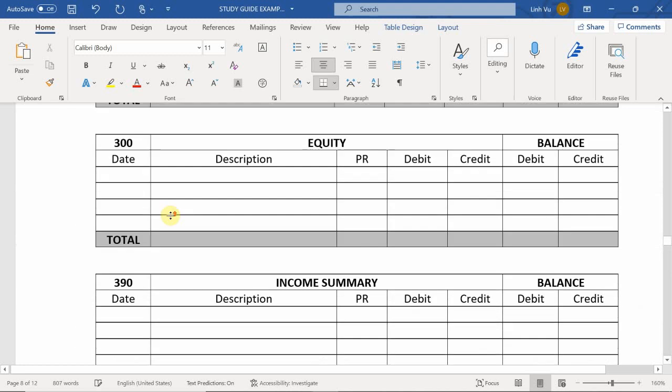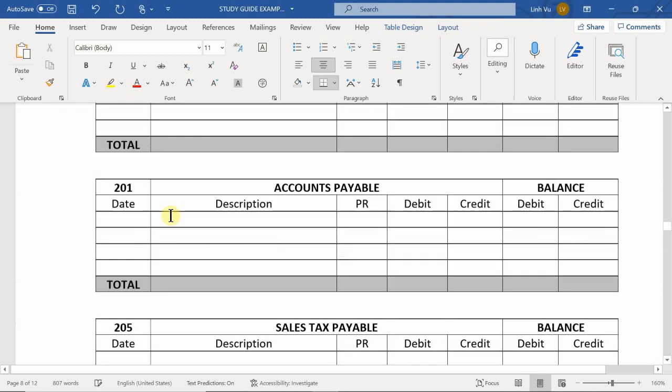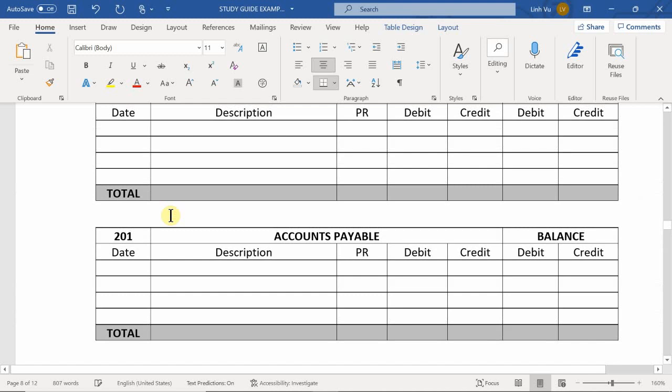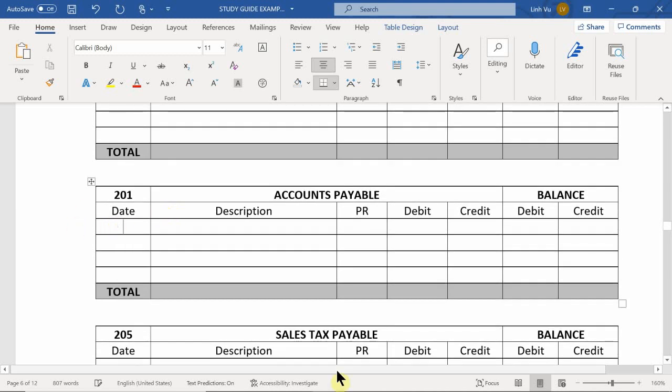Okay, so we can make our own table. It is the 8th. So purchase 100 mats for $1 each. Journal number one, we have 125 in the credit and 125.